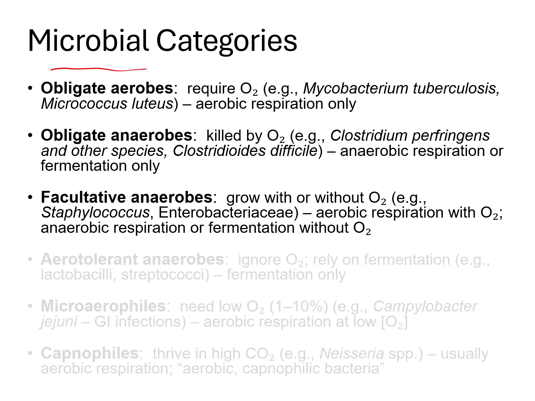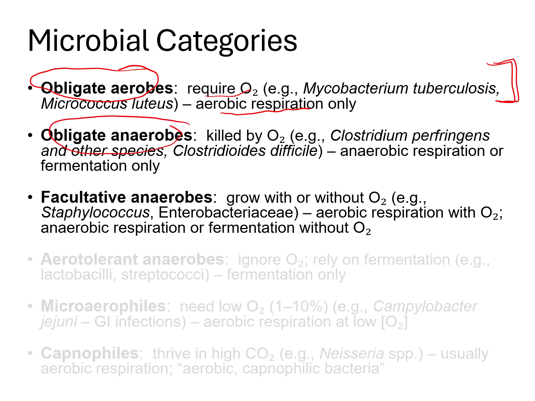Obligate aerobes require oxygen because they need it for aerobic respiration. Examples include Mycobacterium tuberculosis and our skin bacterium Micrococcus luteus. These will only grow at the top of a thioglycolate tube.